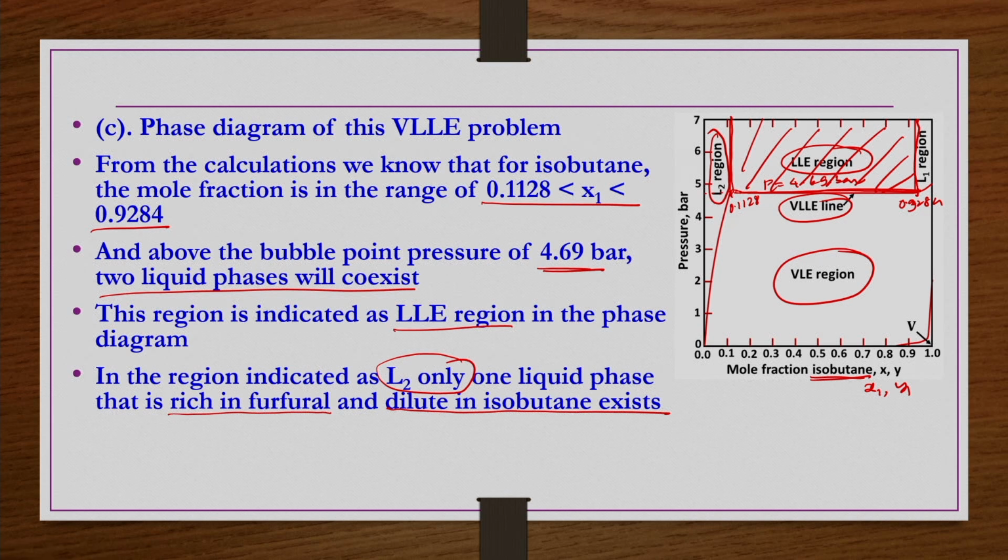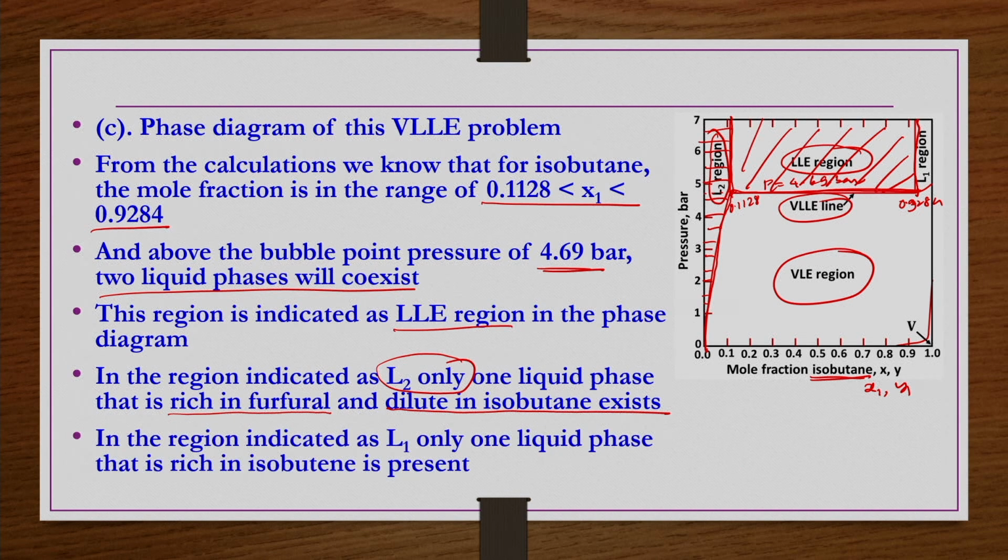So, from here, 0.1122 is 0, you can draw a line. It is not exactly 0, it is the 0.012 composition that we found in the calculation. So, it is almost close to 0. So, this line you can combine like this. So, this entire region is the liquid 2 region, or beta liquid phase, or second liquid phase, which is rich in furfural.